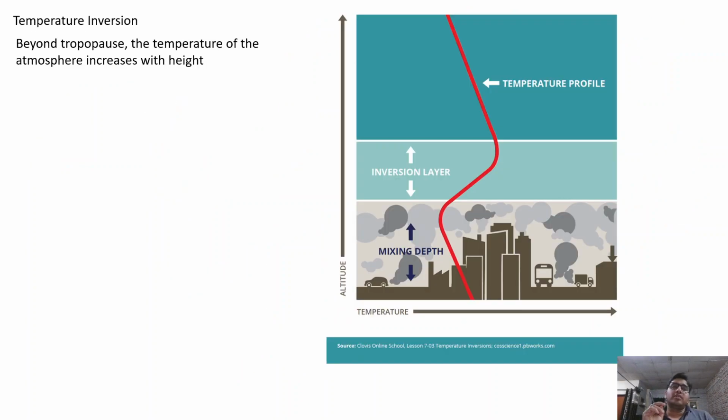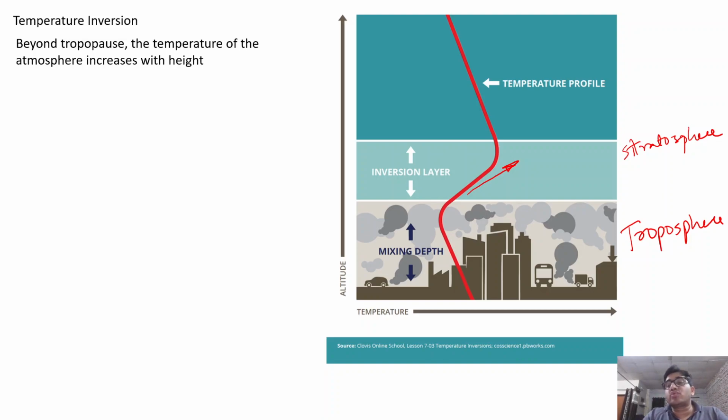Another important feature here is temperature inversion. I'll just touch upon it, and we will discuss temperature inversion in our next lecture. So as we start going up in the atmosphere, I have shown you that diagram. As soon as we cross the troposphere and we enter the stratosphere, there is a difference in the way the temperature varies.